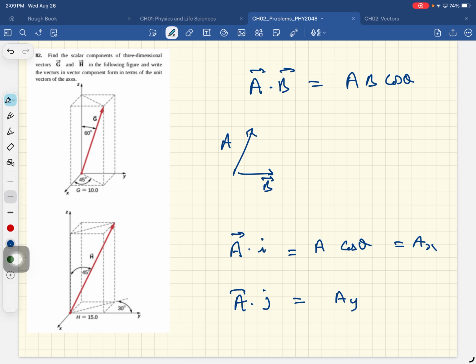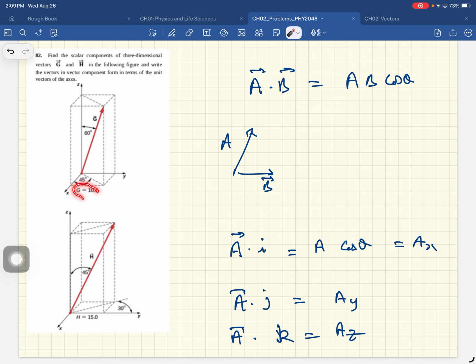Gz is this guy. They've given us this angle, so this is an easy problem. So g dotted with k equal to g cosine 60 equal to gz. They've given us this angle. Oh, well, we don't know g. We have to find g first.